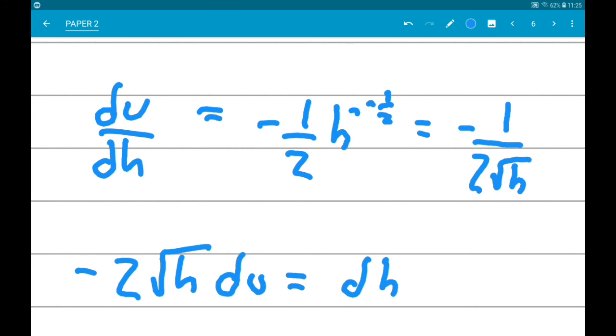Now, on the left, it's a problem there that we still have a h. So we need to turn that into something to do with u.